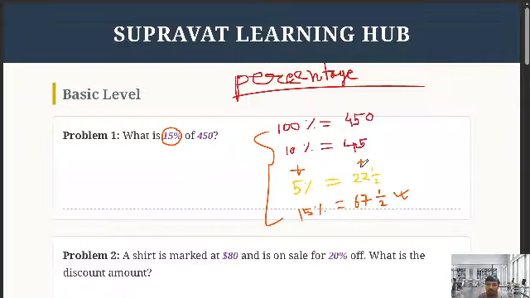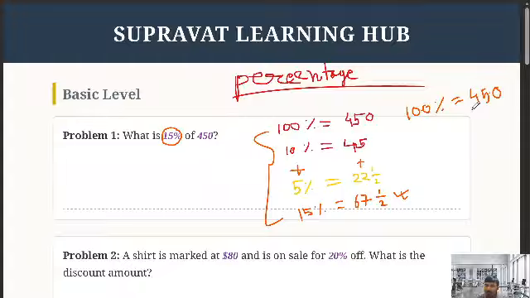This method is lengthy, but the whole process will be in your mind. 100% means 450, and you don't have to use pen and paper. 10% means 45, so what is 5%?